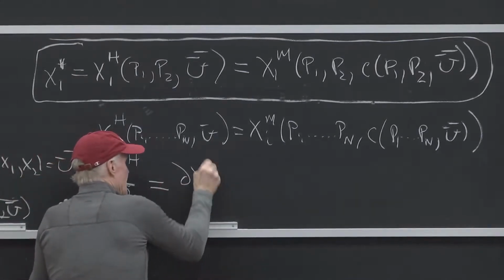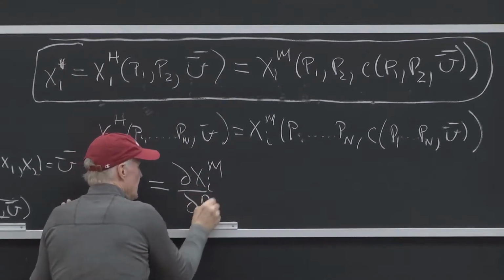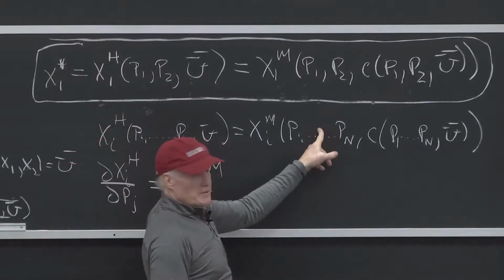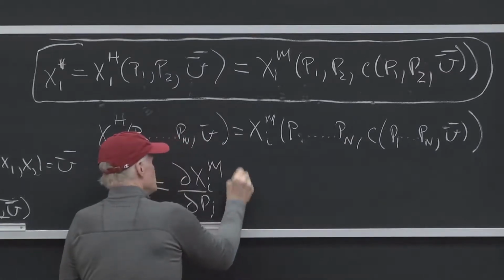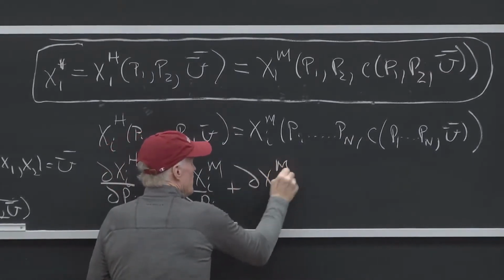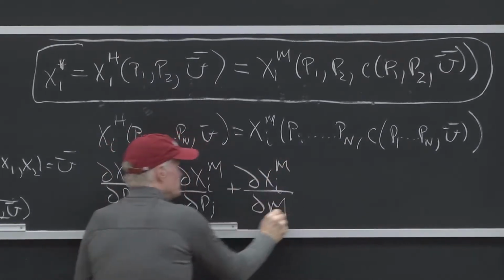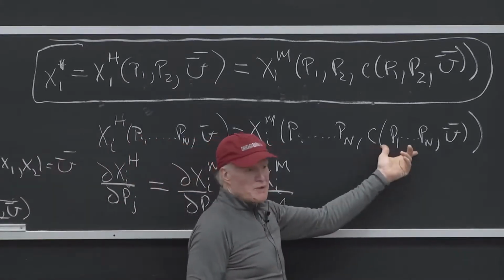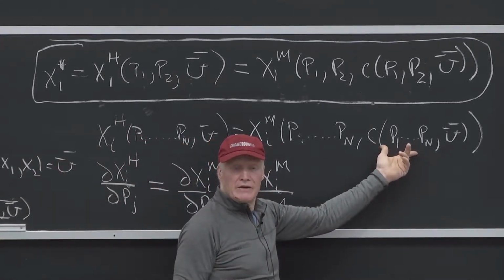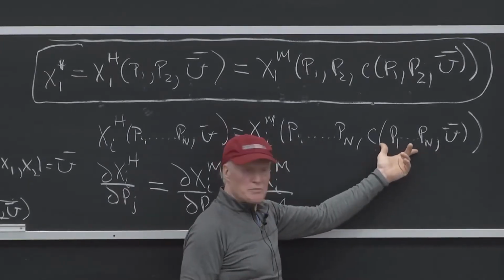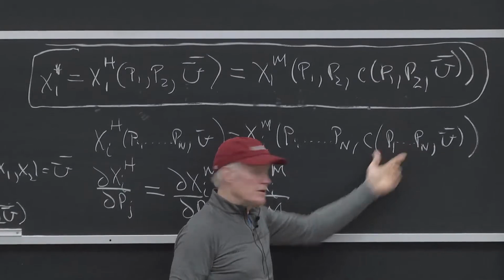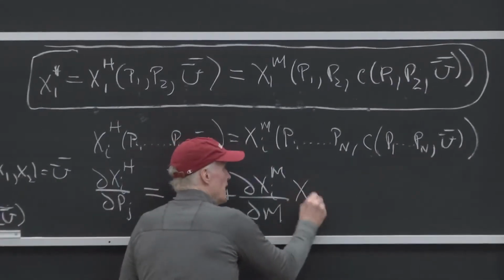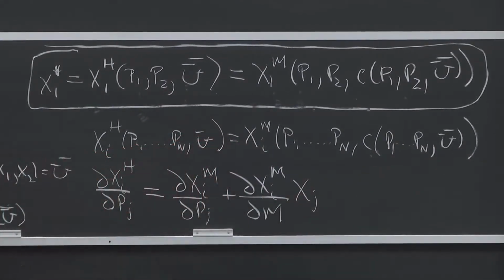Partial xim partial pj, that's because pj shows up here, plus partial xim partial m, that is the derivative of the Marshallian demand curve with respect to income, times the derivative of the cost function with respect to the price of good j, which is what? What's the derivative of the cost function with respect to the price of good j? It's the quantity of good j.